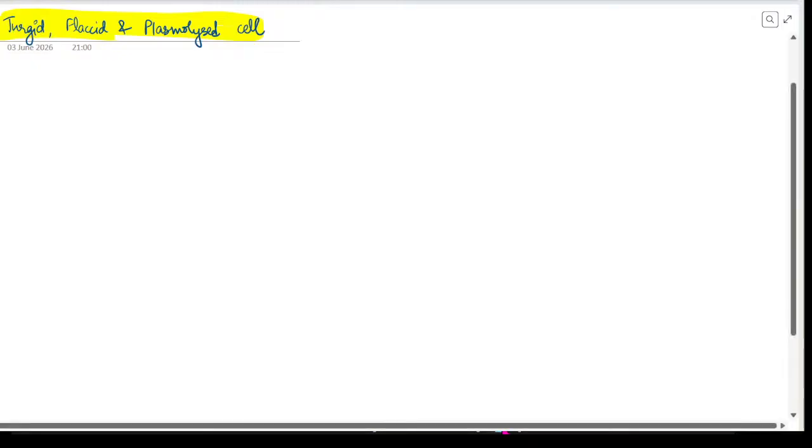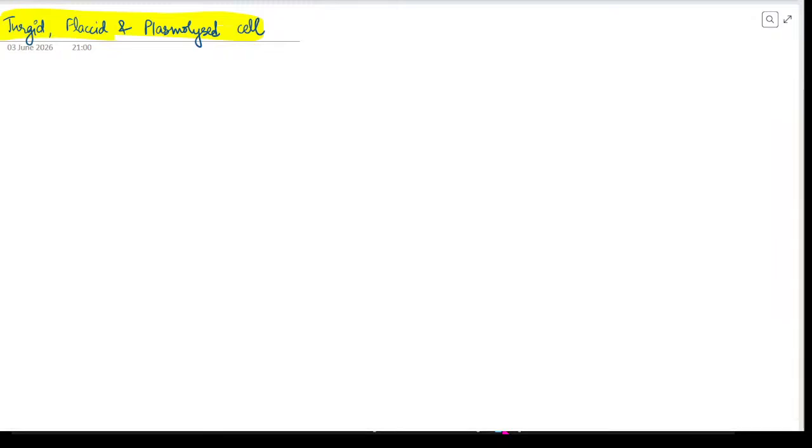So we begin here with the turgid, flaccid and plasmolysed cell description. Always remember, whenever you are talking about a turgid cell, it is a swollen cell. A turgid cell is always going to be a swollen cell, whereas a flaccid cell is one which is shrunk in its size.